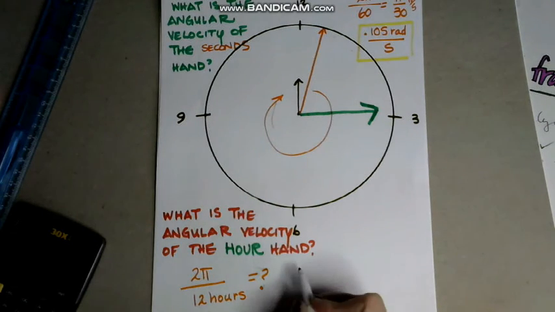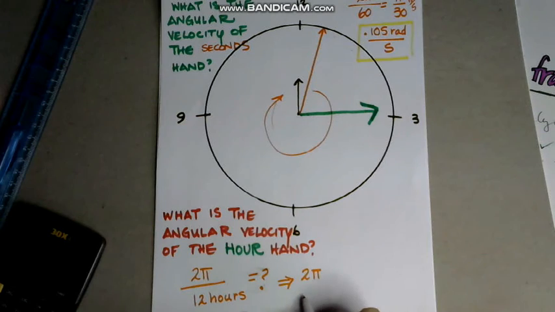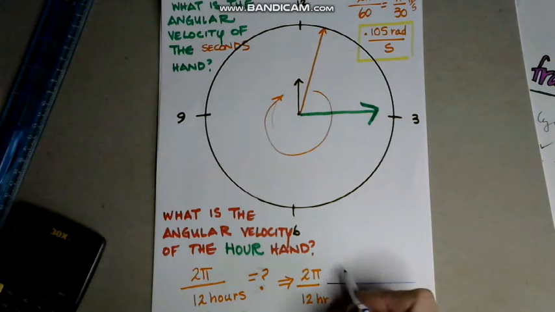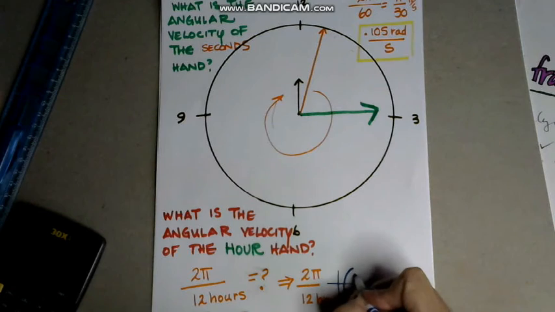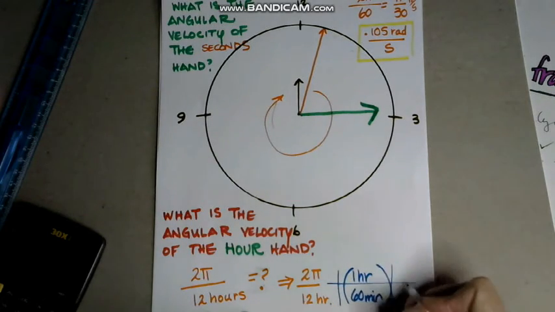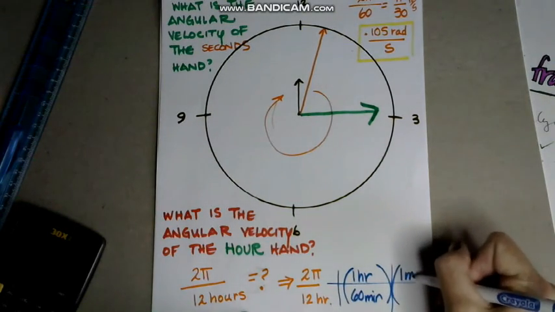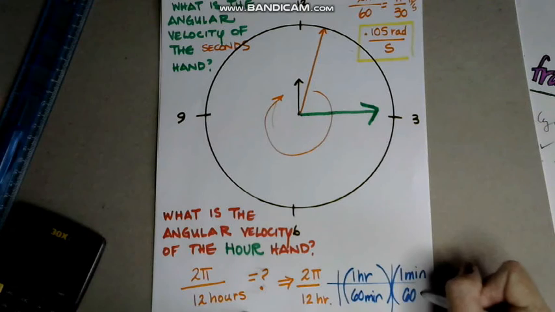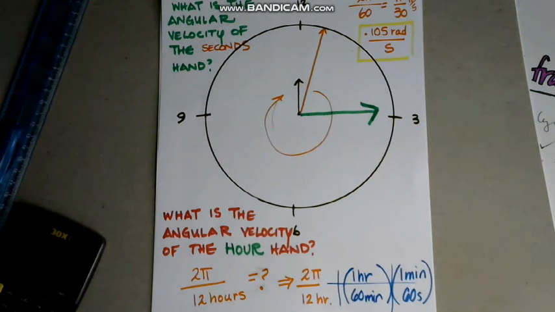All right, a little dimensional analysis. 2 pi over 12 hours. You can think of it as a long railroad track if you like. Remember that 1 hour has 60 minutes, and remember that 1 minute has 60 seconds.